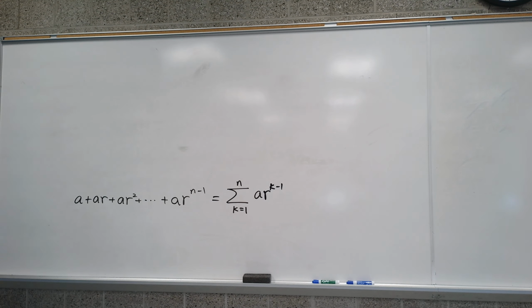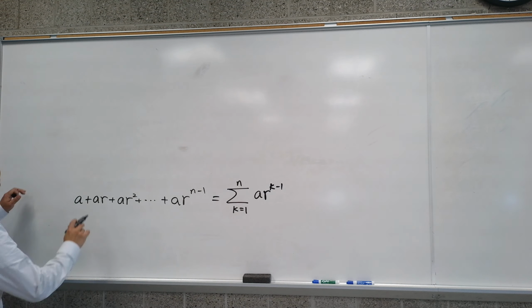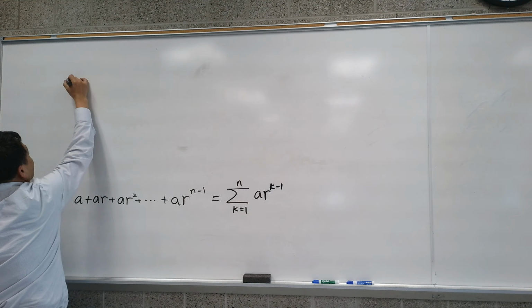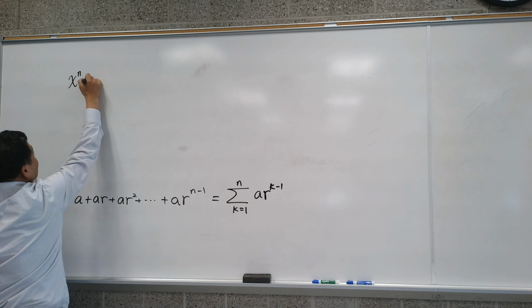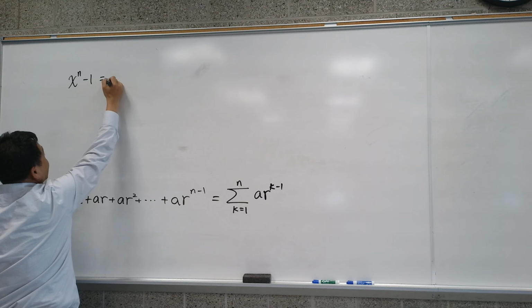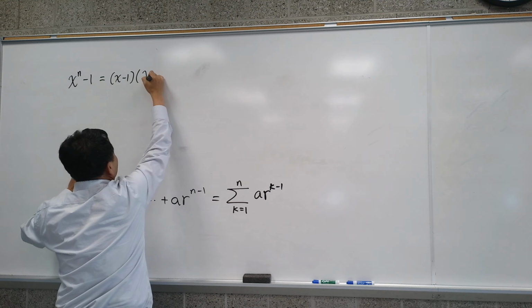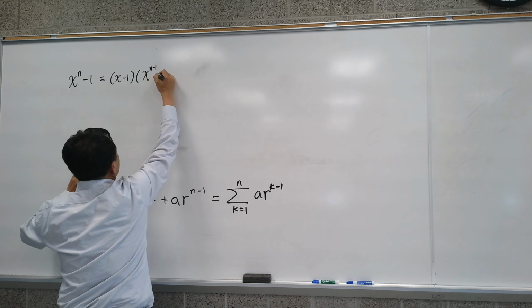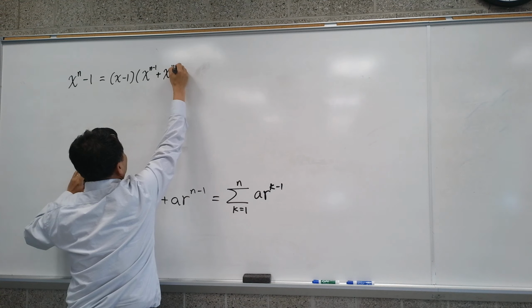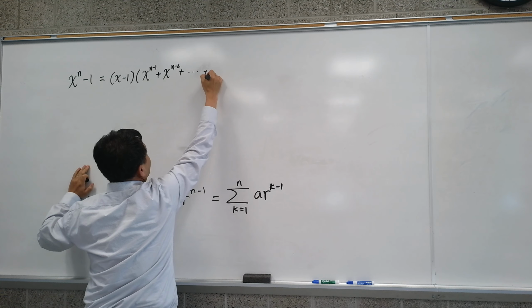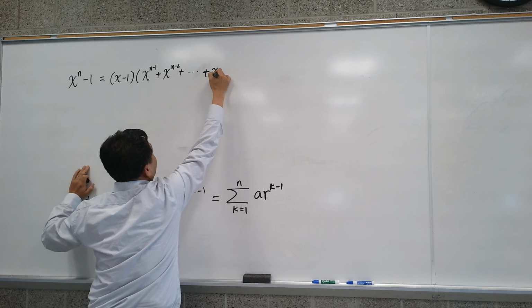All right, so the formula that you have to know in order to understand this is the following. If you have x to the n minus 1, it factors as x minus 1 times x to the n minus 1 plus x to the n minus 2, all the way down to x plus 1.